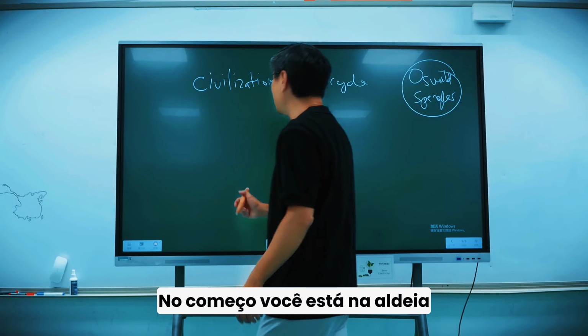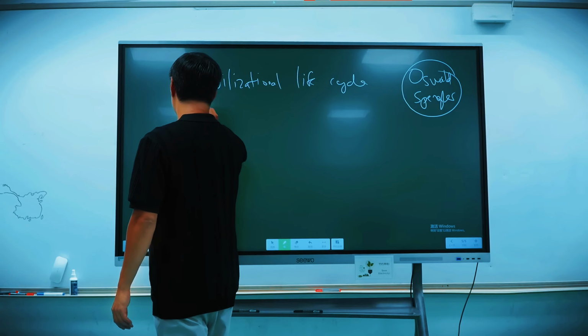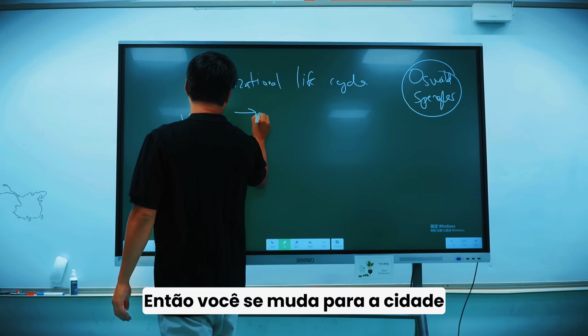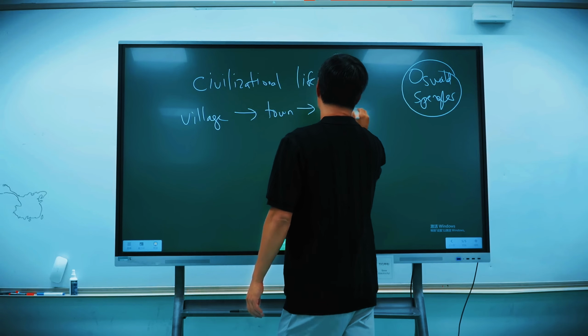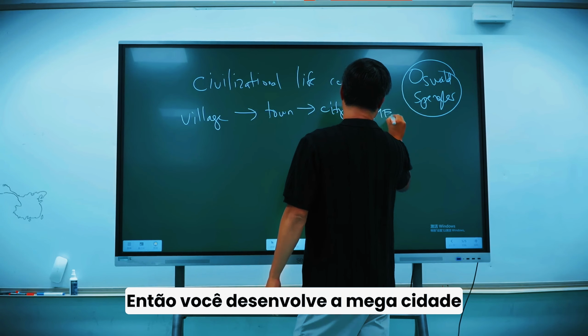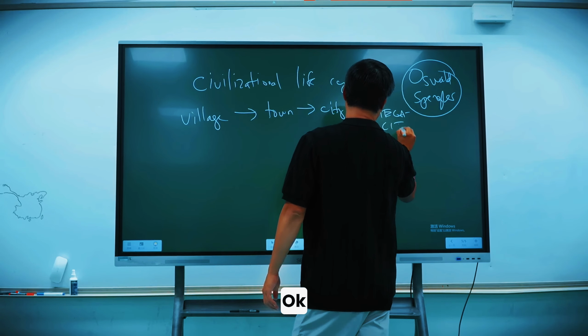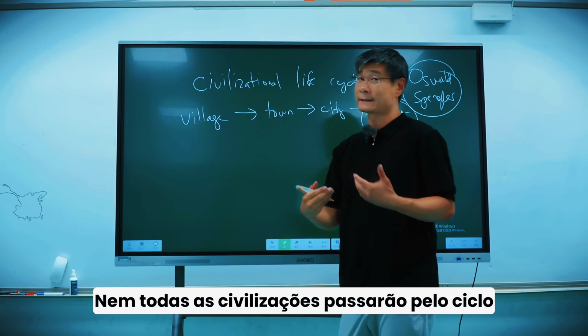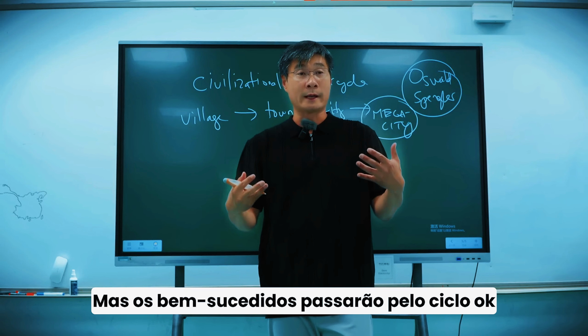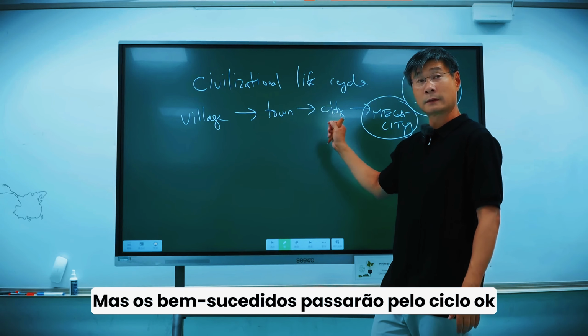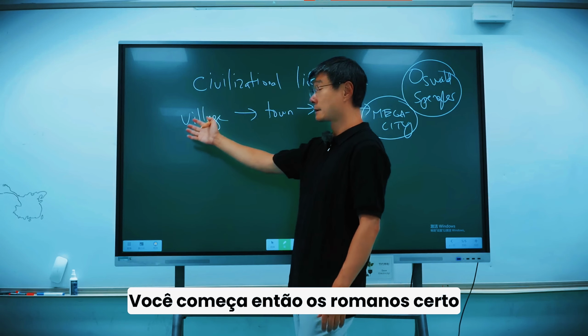In the beginning, you are in the village. Then you move to the town. Then you move to the city. Then you develop the megacity. Okay? Not all civilizations will go through the cycle, but the successful ones will. You start off, so the Romans, right?